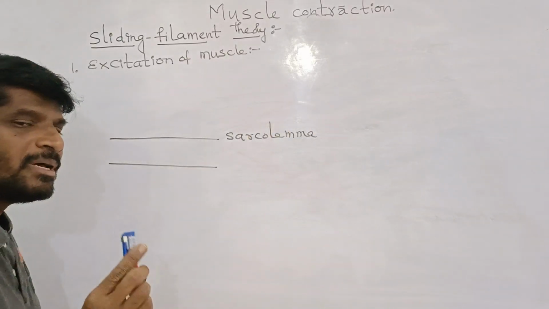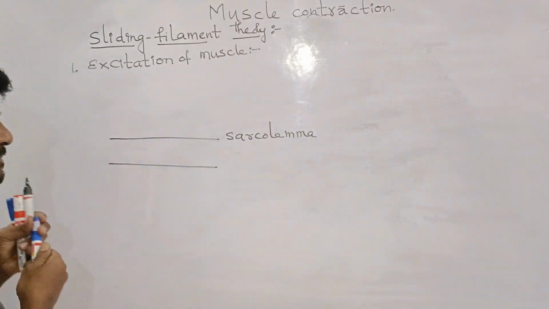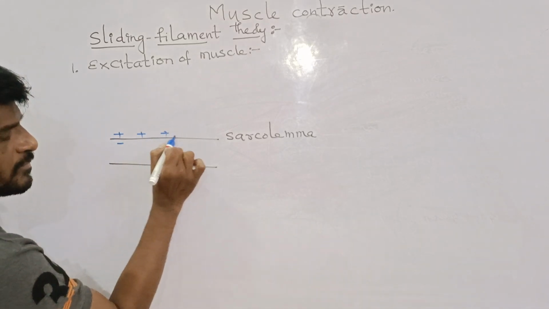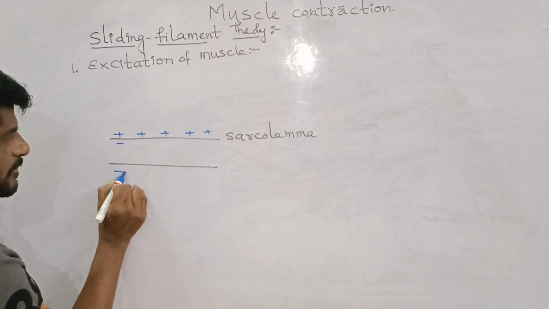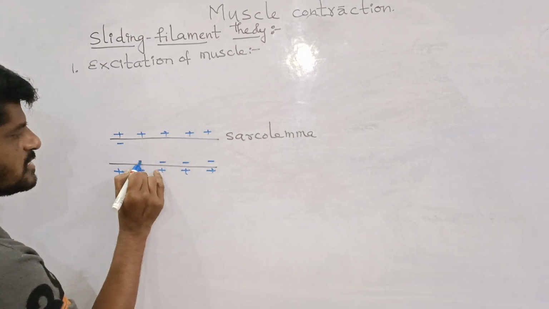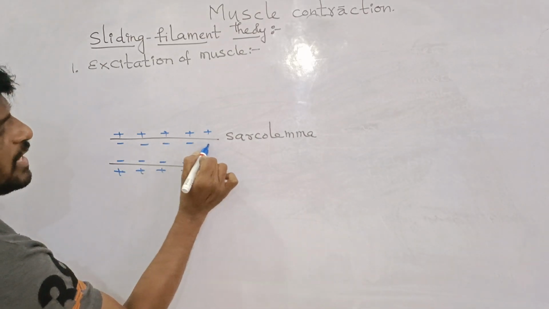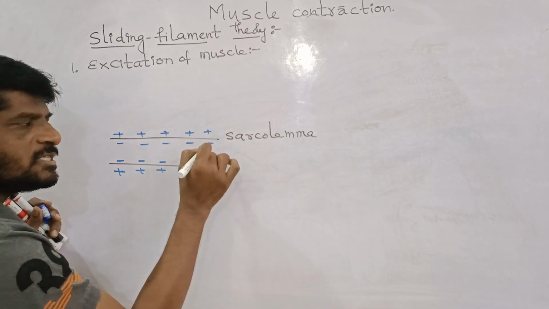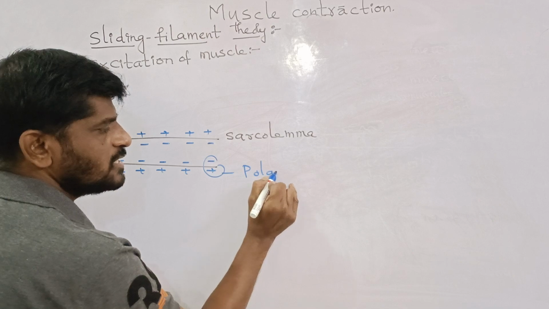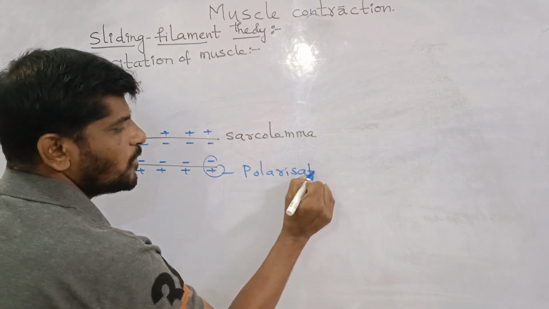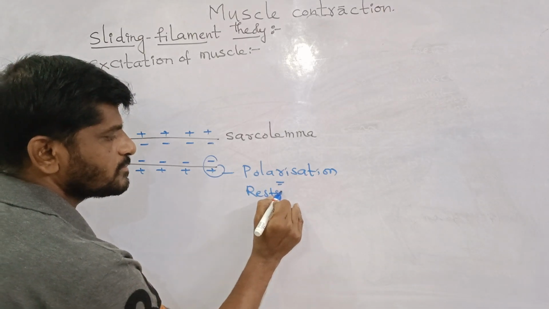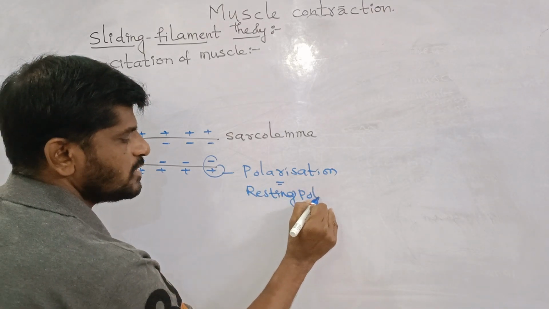When the muscle is under resting condition, there is positive ionic charge in the ECF, the extracellular fluid, and negative ionic charge in the sarcoplasm. This condition, positive outside and negative inside, is called polarization. It can be called the resting potential.